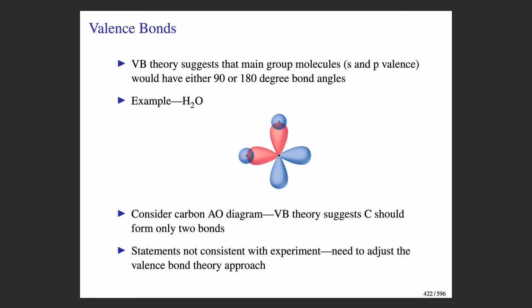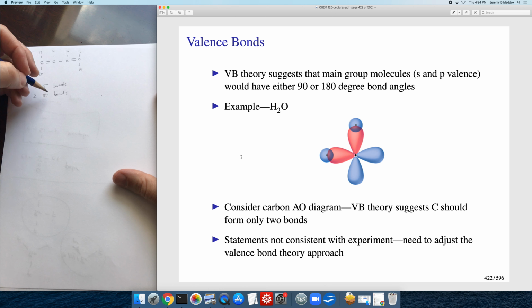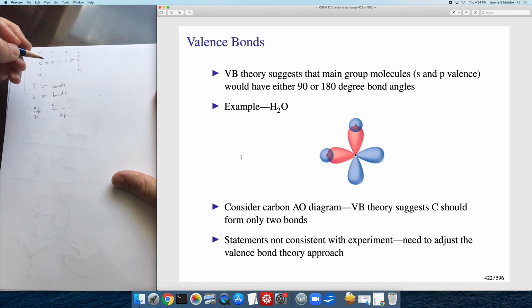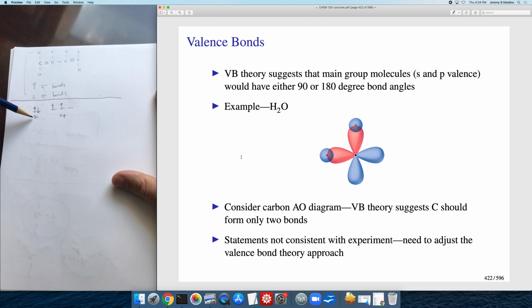The same thing is true for carbon. If you consider an atomic orbital diagram for carbon, and I'm going to make one really quickly here, the valence electrons for carbon would be a 2s and then the three 2p's. Carbon has 4 valence electrons, and so this is the orbital diagram for a carbon atom.